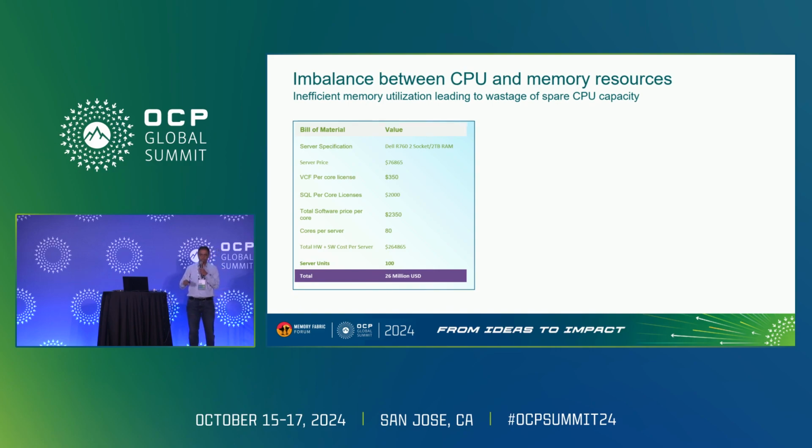When they deploy it, they see that their memory ends up being completely consumed, even though it doesn't fully run the workloads. There are two measures that VMware typically uses.